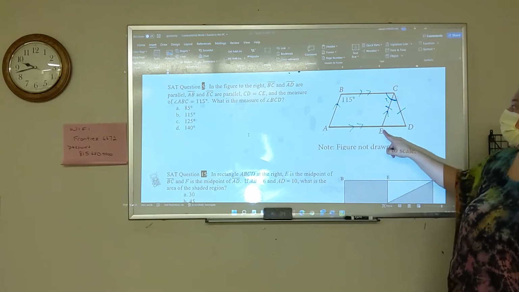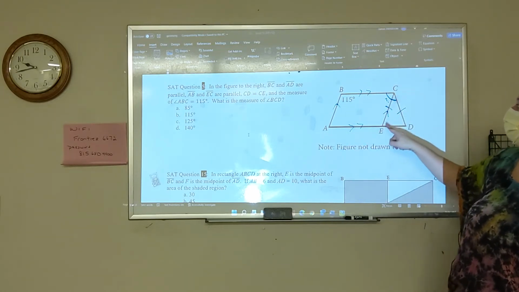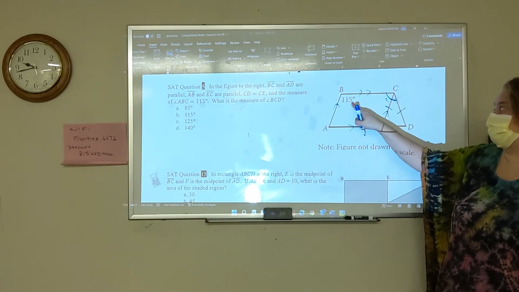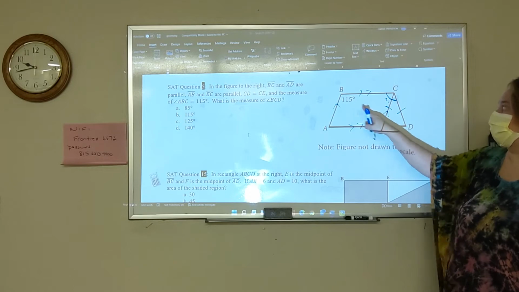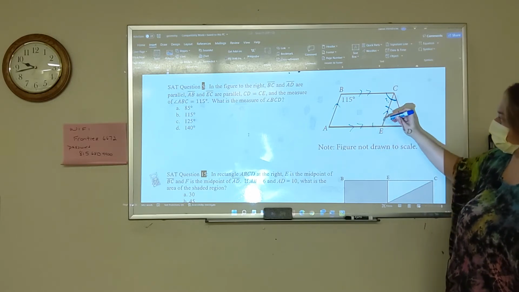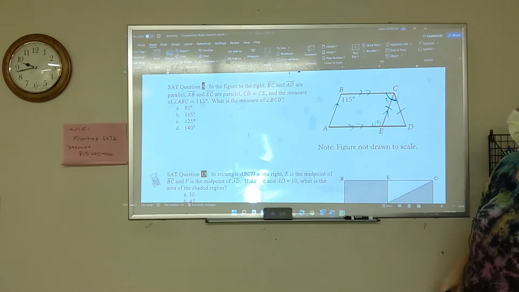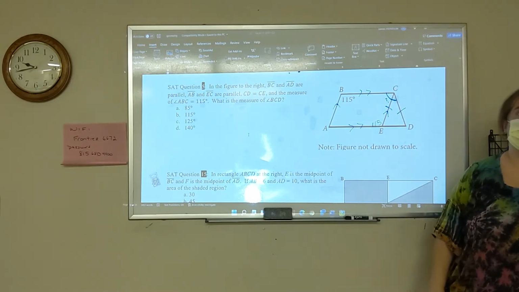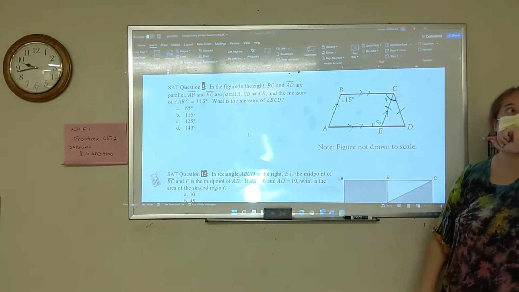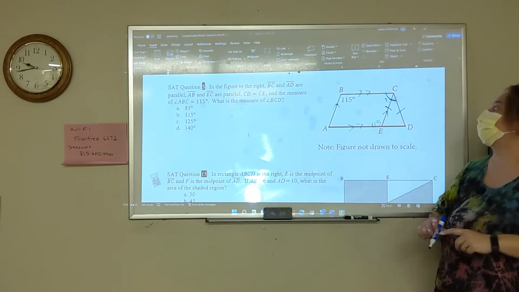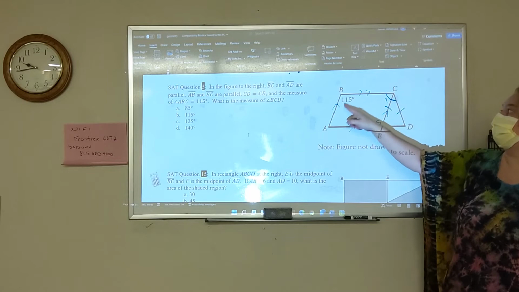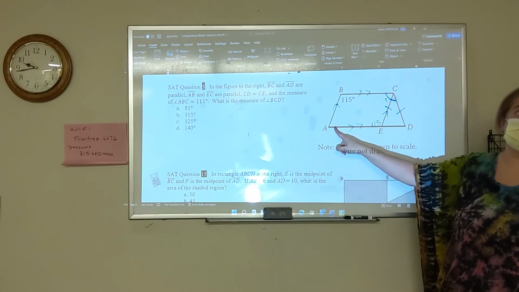So I'm going to work with just the parallelogram, ABCE, this guy right here. In a parallelogram, you know that opposite angles are congruent. So if this is 115, then angle E down here is also 115. You also know that all 4 angles in a parallelogram add up to 360.